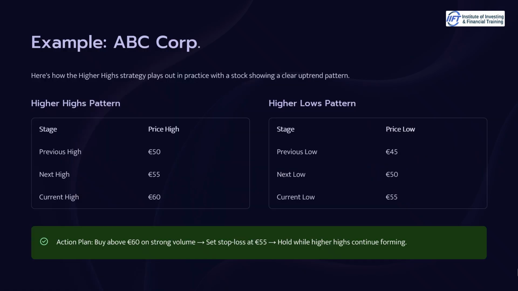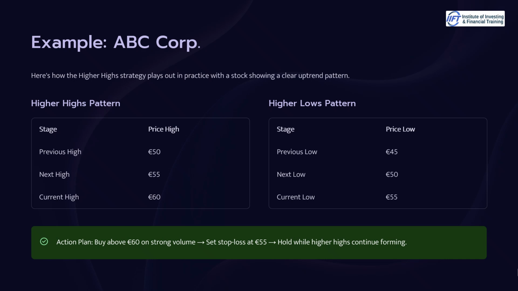Now let's look at a quick case study of our example here, ABC Corporation. So the stock climbed from a high of €50 to 55 and eventually to 60. And during those same pullbacks, the lows rose from 45 to 50 and then €55.